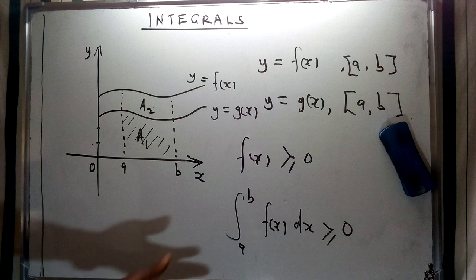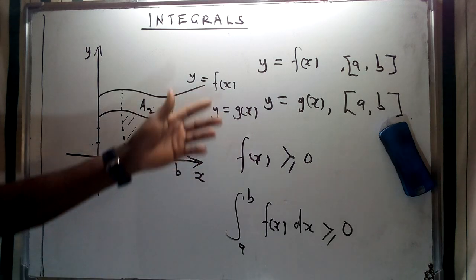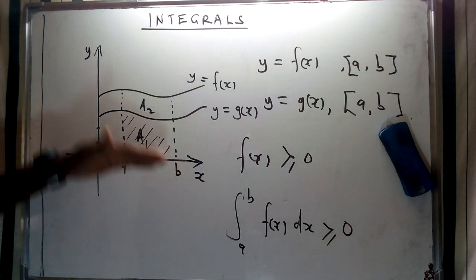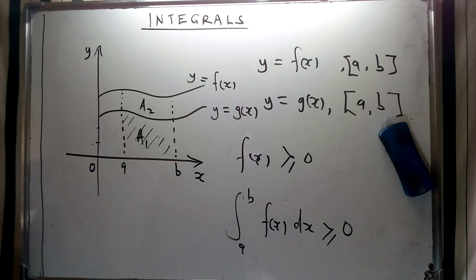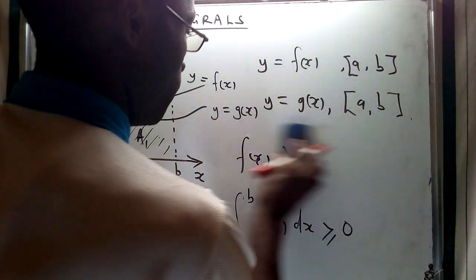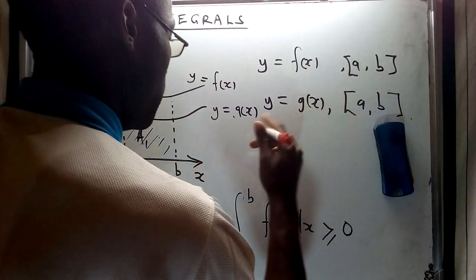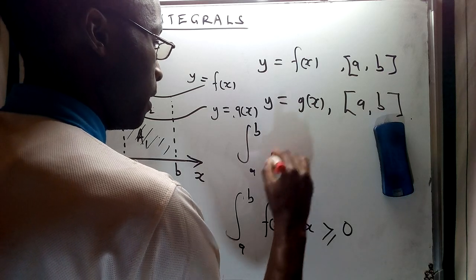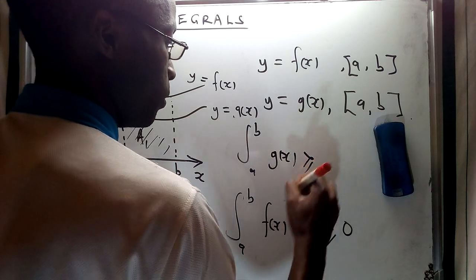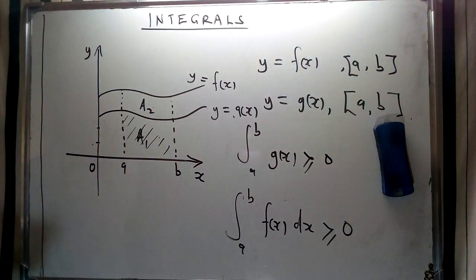So this is a representation for an integral of the function f of x from a to b, which encompasses area 1 and 2. Similarly, we can give the integral from a to b of g of x, also greater than or equivalent to 0.